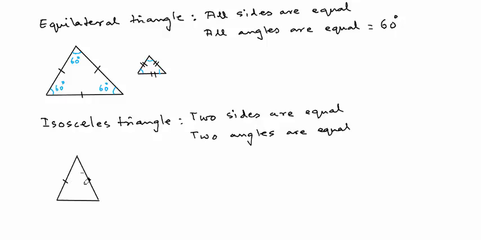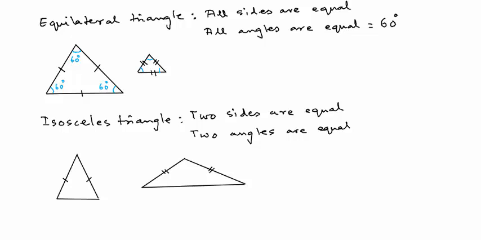I have made this side the same length as this side, and this side, the base, is not the same length as the other 2. You could also have an isosceles triangle like this, in which the base is the longest side. This side is the same length as this side. Further, in an isosceles triangle, the angles opposite the equal sides are equal in measure.